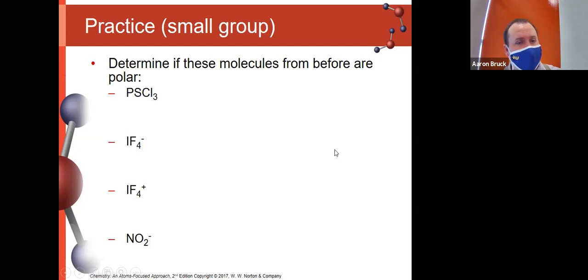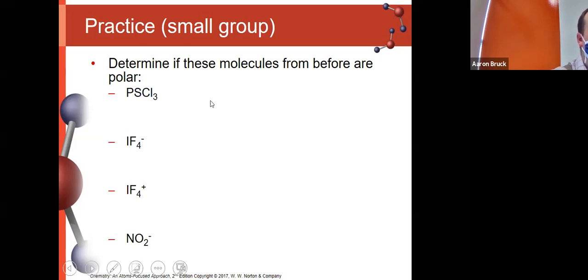All right, for the next section here, just to refresh your memories, I'm going to draw out these four molecules.